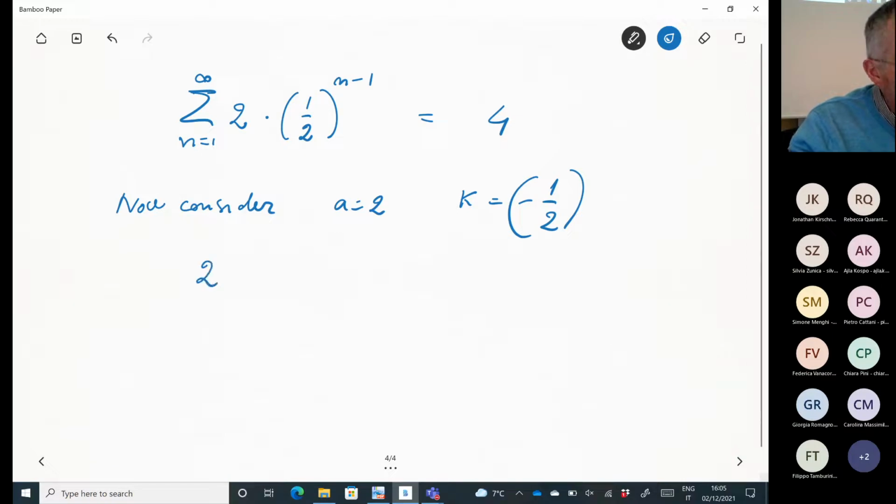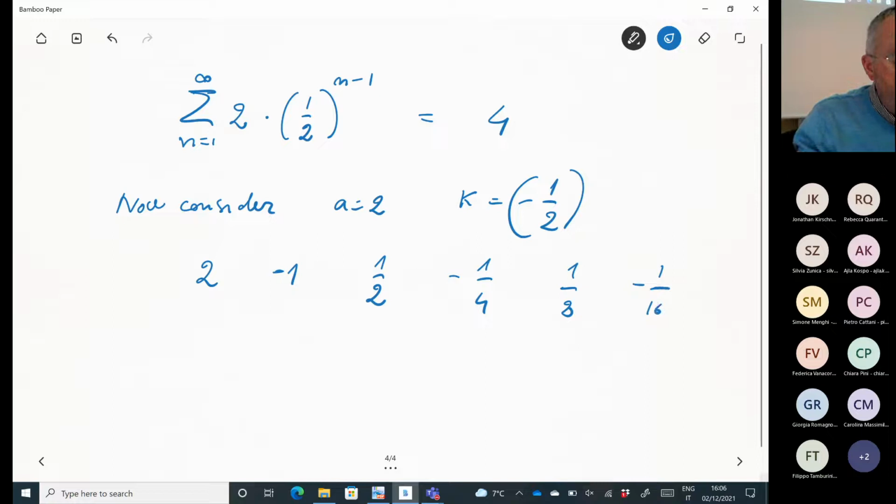2 is the first term, minus 1, 1/2, minus 1/4, okay? 1/8, minus 1/16, and so on and so forth.